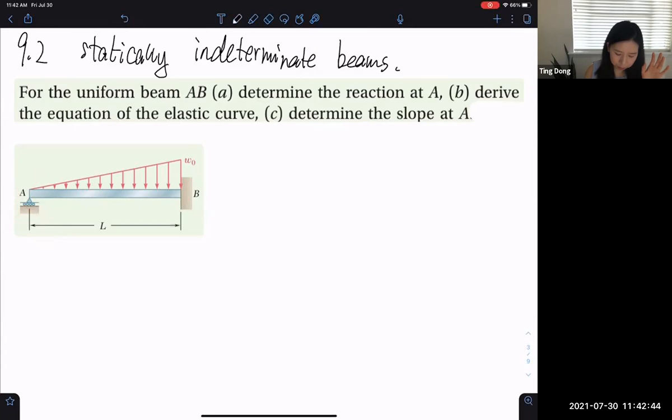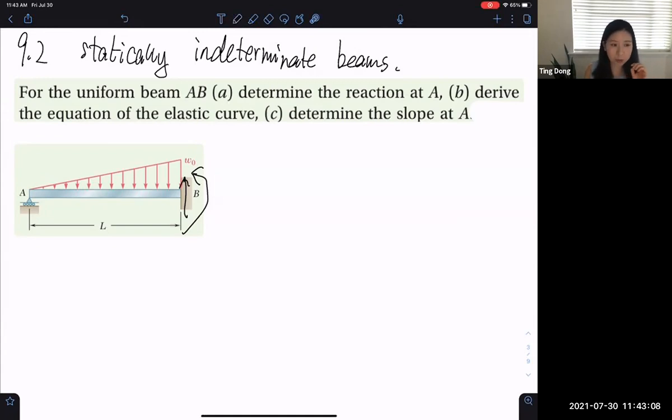We have the reaction shear force and reaction bending moment applied from the wall to the beam, and we have two equations, force equilibrium in the y direction and the bending moment equilibrium equation. We can solve for the reaction shear force and reaction bending moment, and this problem is done.